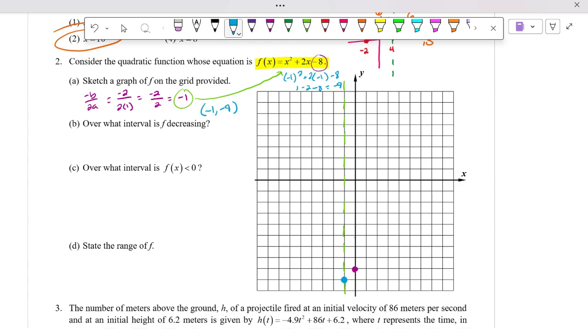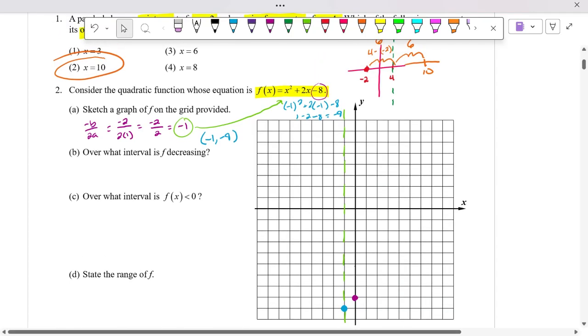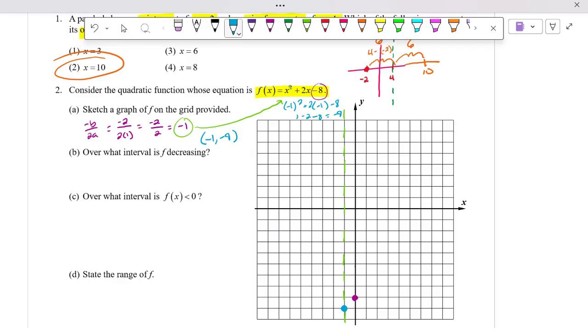Now there's one last thing I can find, the x-intercepts. What's the easiest way to find the x-intercepts? What form is the easiest way to find your x-intercepts? Factor. So I can factor this because it is factorable. I can do a quick big X. This will be -8, 2. What are two factors of -8 that add to 2? 4, -2.